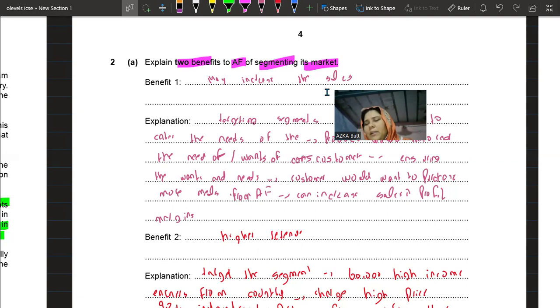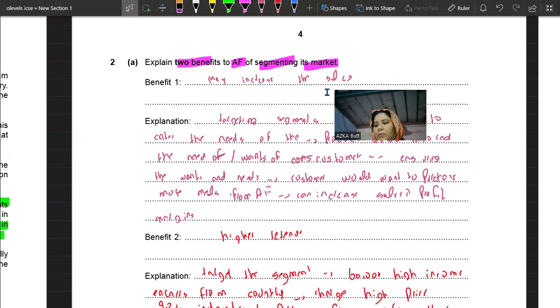And there are a lot of benefits of segmenting, because segmentation means that now you can say that I have these certain people. Okay, this is their nature, this is their wants, this is their needs, and this is their behavior.